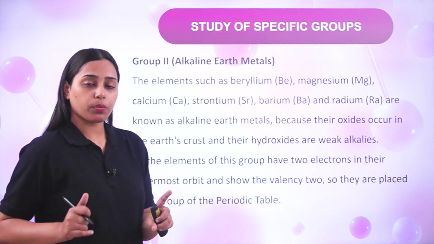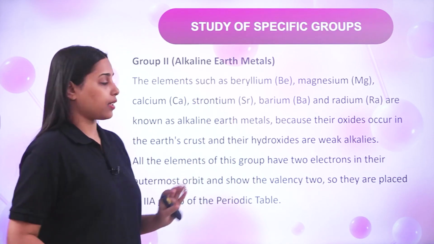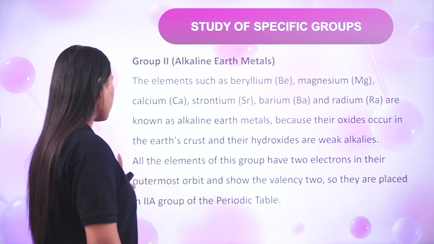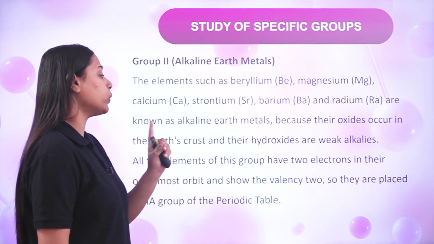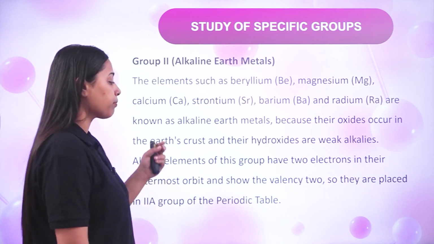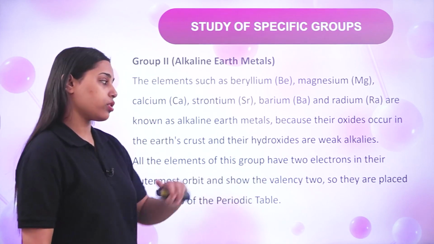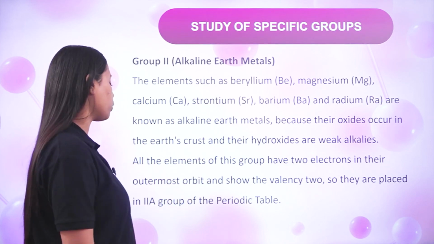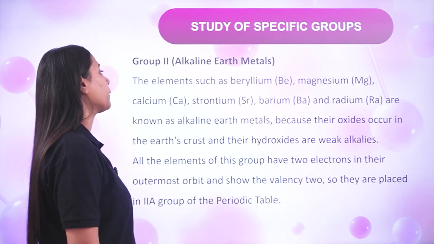In comparison to group 1, they are less basic because left to right basic character decreases, that we know very well. All the elements of this group have 2 electrons in their outermost orbit because it is group 2, and they show valency 2 because 2 electrons are easily lost to become stable. So they are placed in group 2A of the periodic table.